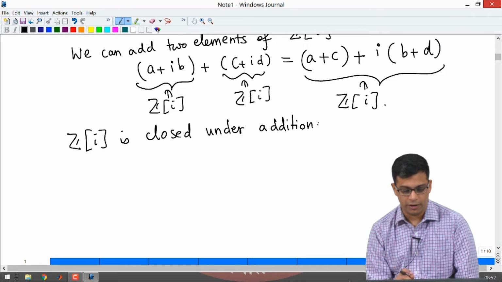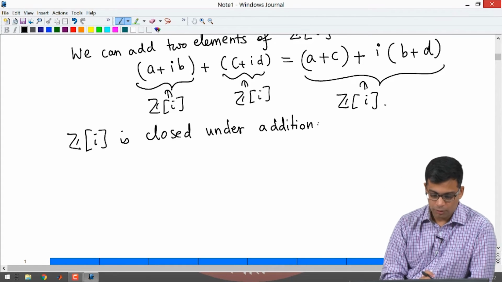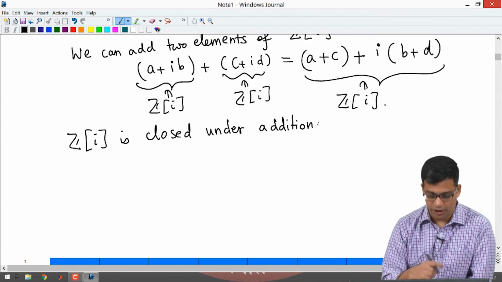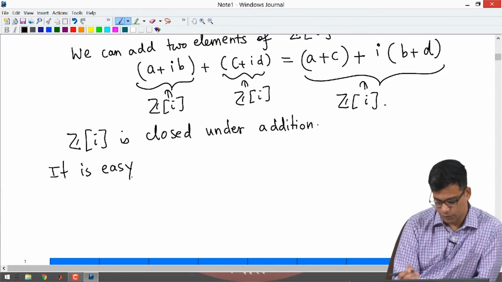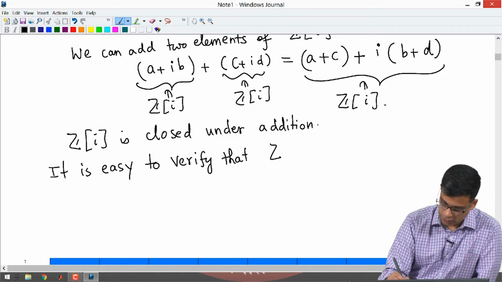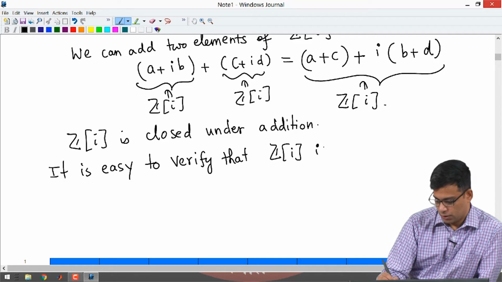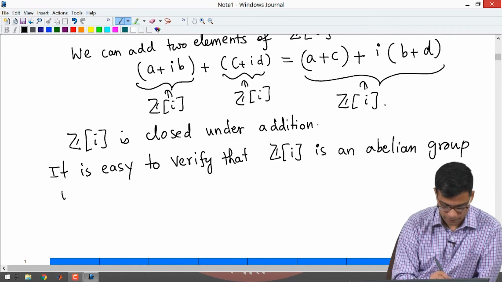So, if you add two elements of Z[i], you get another element of Z[i]. In fact, it is easy to check, and I will leave this for you to verify in detail, that Z[i] is an abelian group under addition.